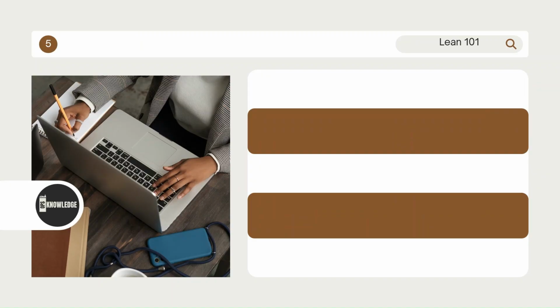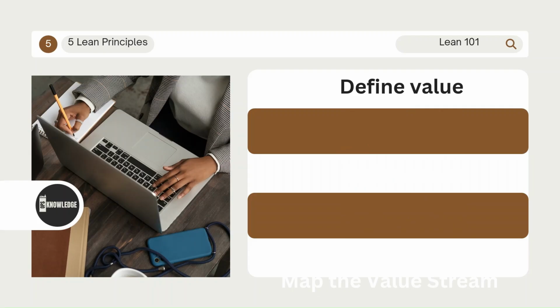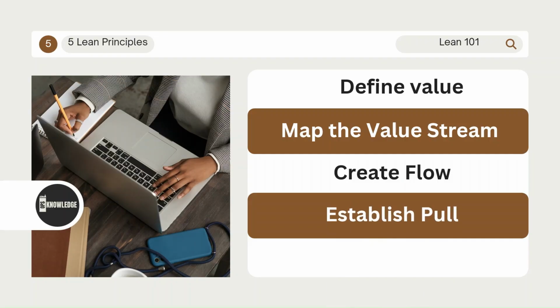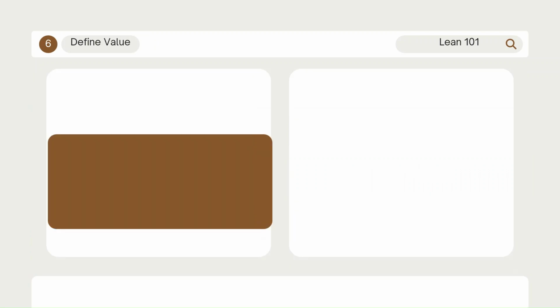Now let's go to the next slide and understand the 5 lean principles. The 5 lean principles are: first, define value; second, map the value stream; third, create flow; fourth, establish pull; and fifth, seek perfection.